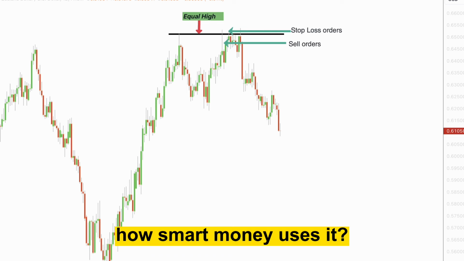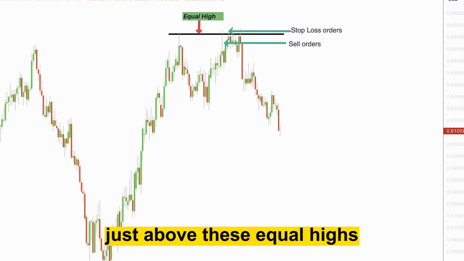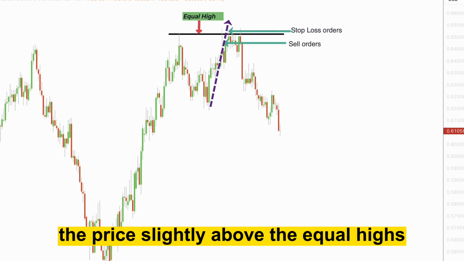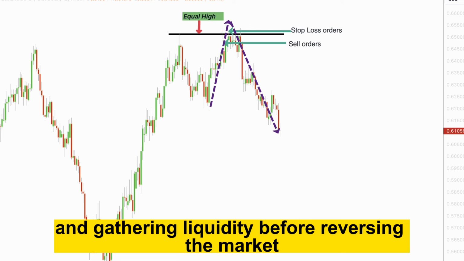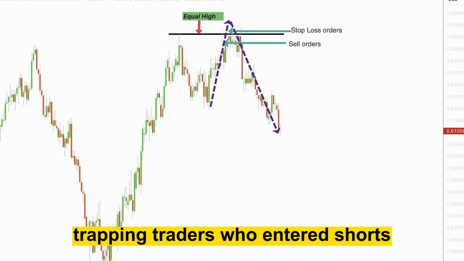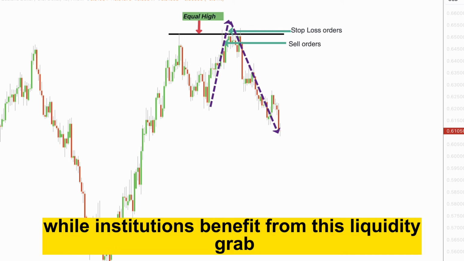How smart money uses it. Smart money knows that many retail traders place their stop losses just above these equal highs. To grab liquidity, institutions push the price slightly above the equal highs, triggering stop loss orders and gathering liquidity before reversing the market. This creates a false breakout, trapping traders who entered shorts and were stopped out, while institutions benefit from this liquidity grab.